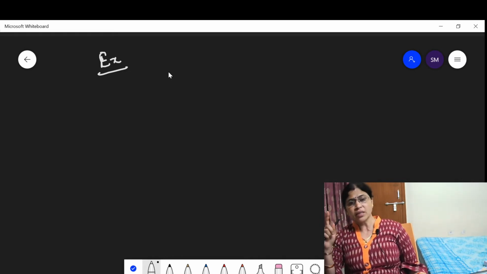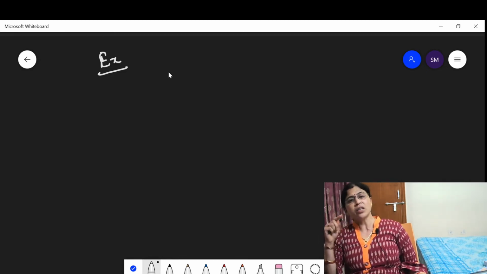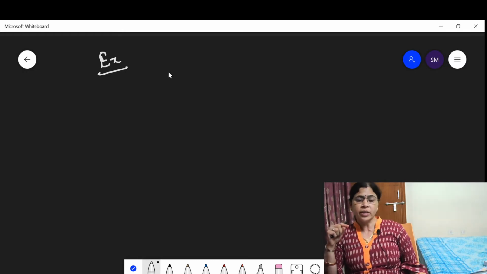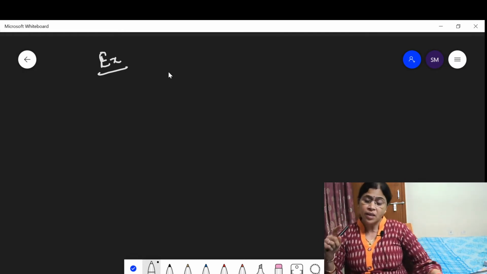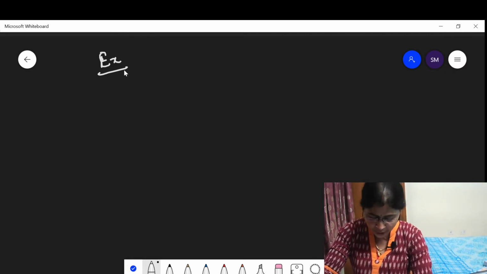Here we discussed remainder theorem and factor theorem, and in these examples we will discuss the applications of these theorems. In the previous examples we discussed applications of factor theorem. In these examples we will discuss applications of remainder theorem.